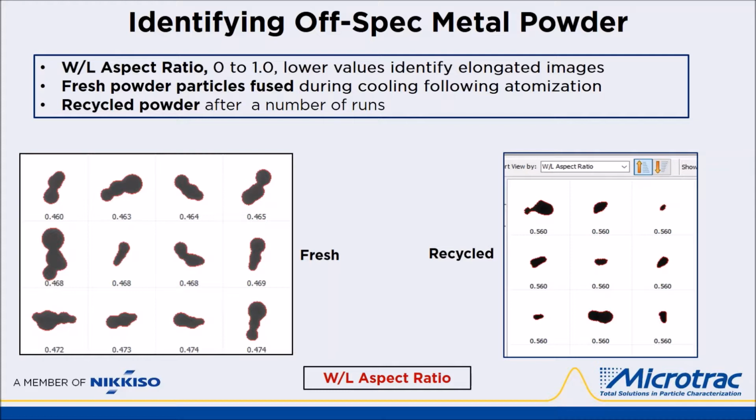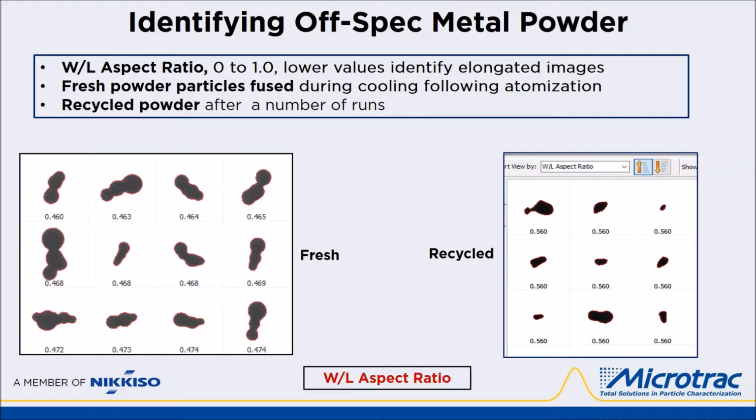Identifying off-spec metal powder: width over length ratio on a scale of 0 to 1, lower values indicate more elongated images, as I said, representing powder with non-spherical shape. A sphere would have a width to length ratio of 1.